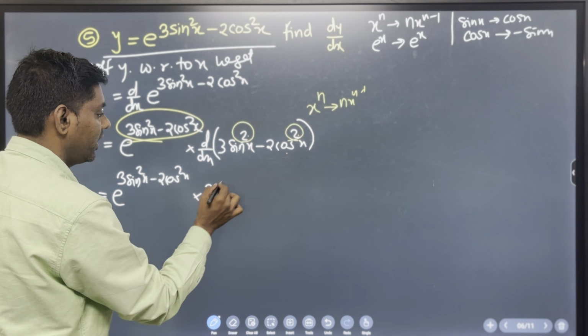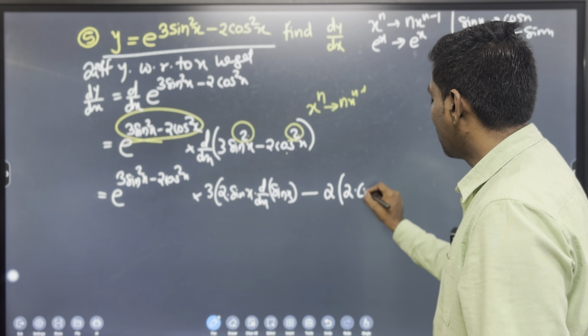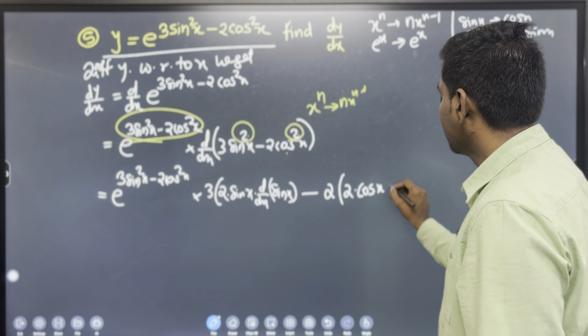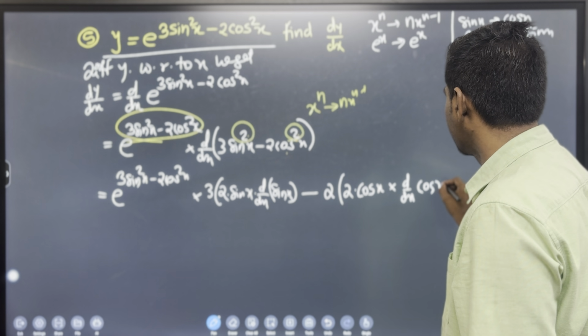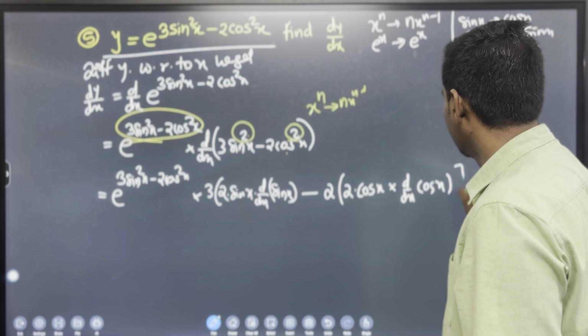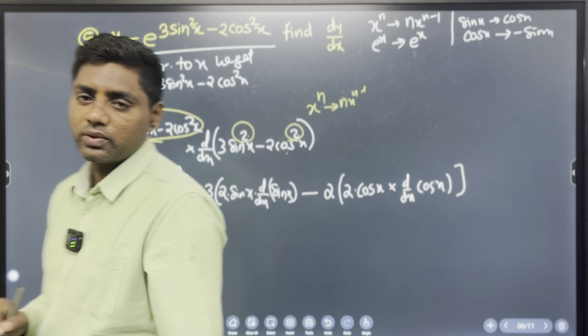So 3 into, by x raised to n, 2 into sine raised to 1, that means sine x, and again we take the derivative of sine of x. Next, the minus sign as it is, 2 into 2 cos of x, and then what is the derivative of cos of x? We know it, so write down that cos derivative and make the last answer of the given example.